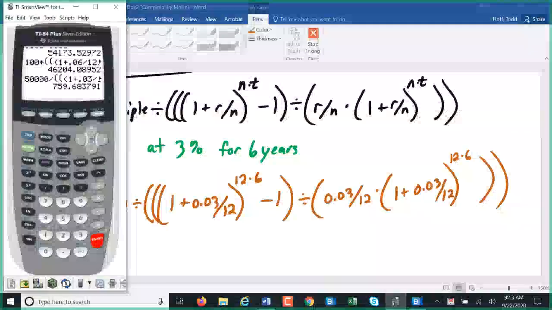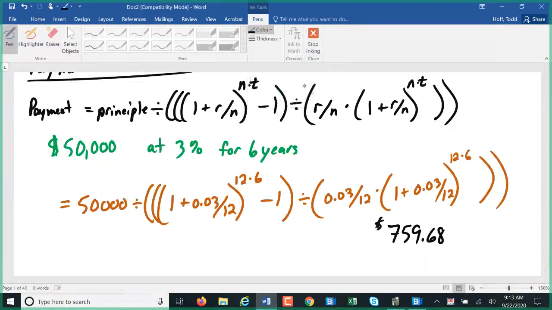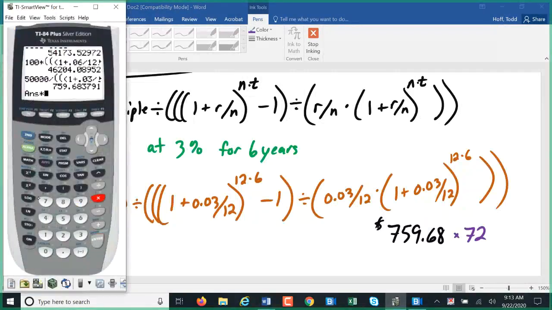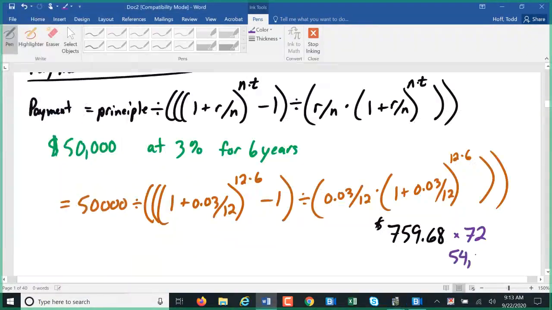You get $759.68 a month. Now, if I multiply that times 72 payments, you are paying $54,697 for that truck.